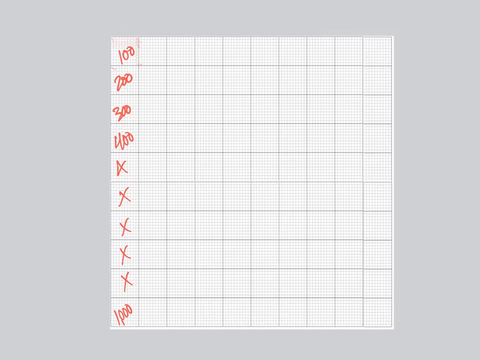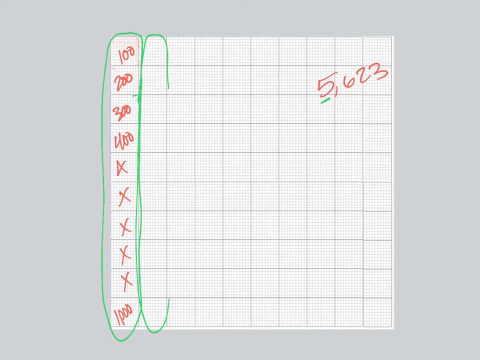Well, I can show a number like 5,623. And the way I would do that is by first counting by my first place value, counting by thousands. I've got 1,000 here. My next column would be 2,000, 3,000, my next column, 4,000, 5,000.